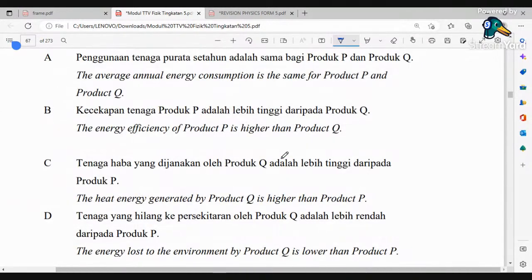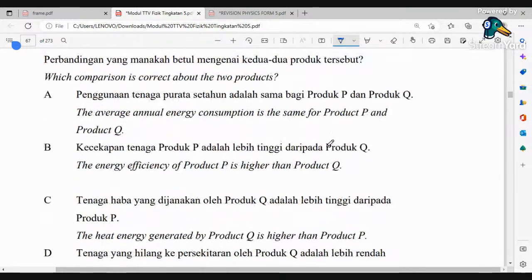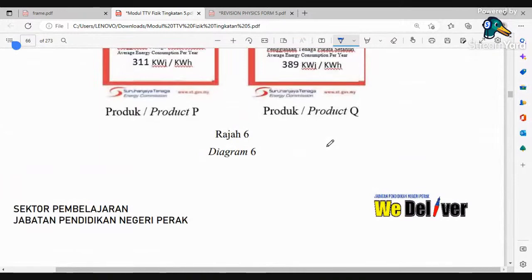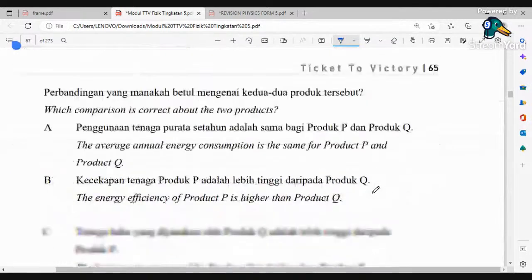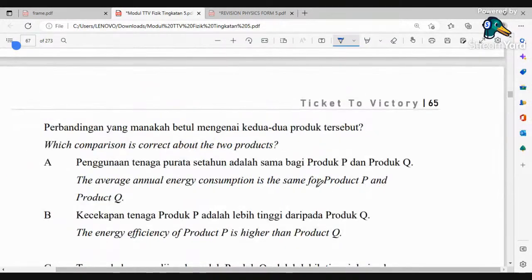A, average annual energy consumption is same for P and Q. You tengok dia punya unit pun tak sama. Kalau use for the same 1 year, same time taken, the power must be the same. If you want to mention that product P and Q has average annual energy consumption same, salah. Can see clearly tak sama, 311 dengan 389.